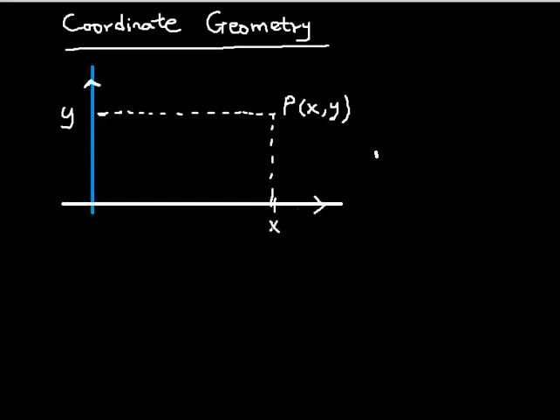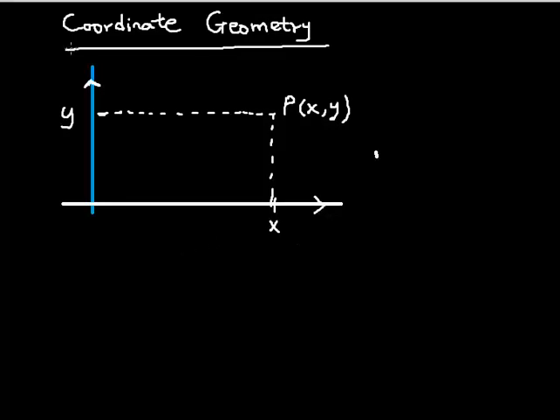I'm very sure that you are familiar with this kind of coordinate system, especially those of you that have drawn graphs before. In a graph, the vertical axis is used to represent your dependent variable and the horizontal axis is the independent variable.